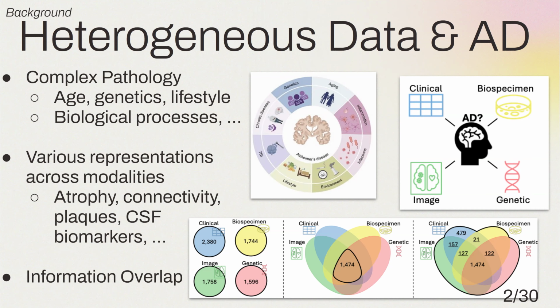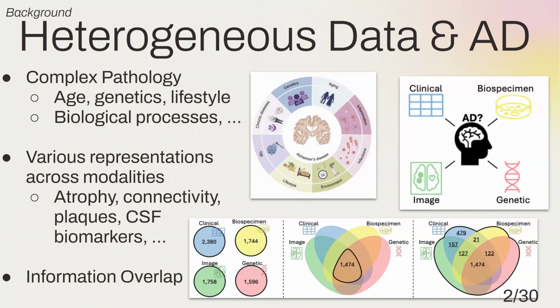So all the different underlying factors can manifest themselves in different ways and degrees in these different modes of data. That's why people are looking at this information overlap in all these different modalities. And it's still a bit of an open question how to quantify that, or exactly what the process is for how these different data types interact.